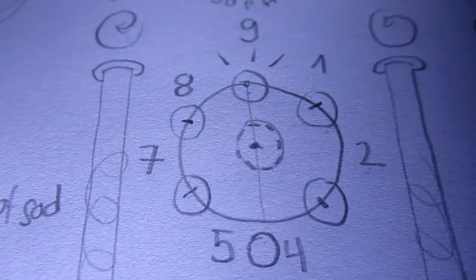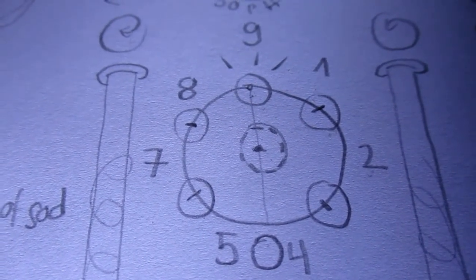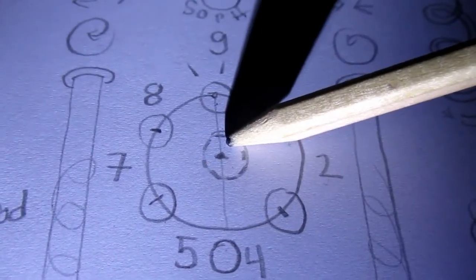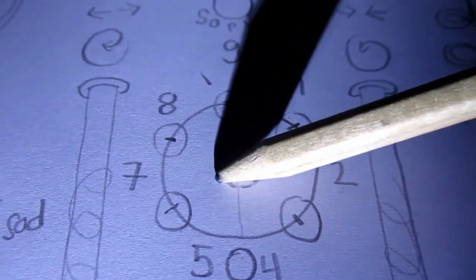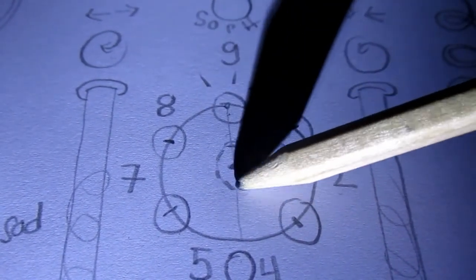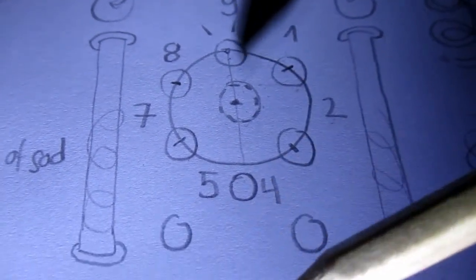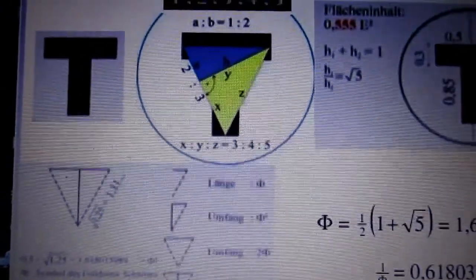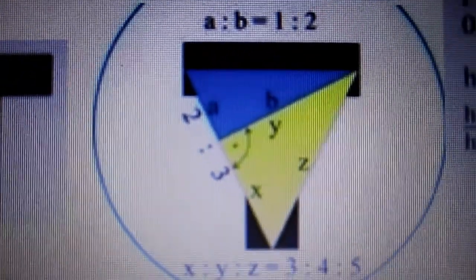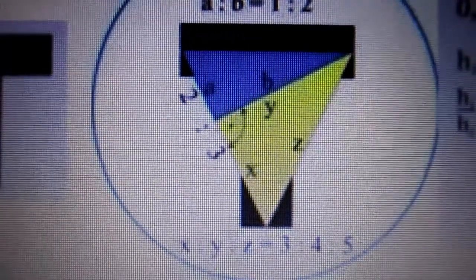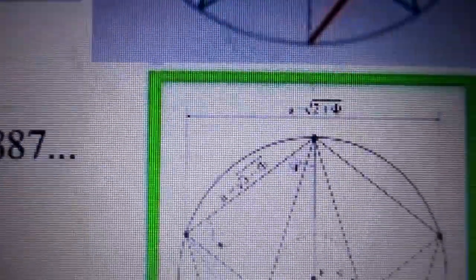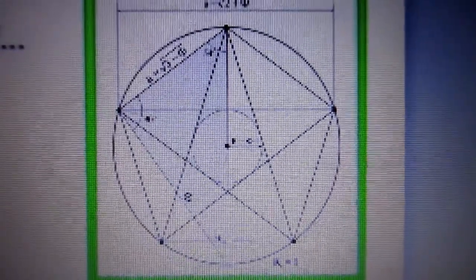We have a 6-pointed star where in the middle is the knowledge, and it's not existent within this tree. Thanks to Axel Klitzke, we have this Tav, this T cross can be looked upon like this, and it constructs a 5-pointed star.